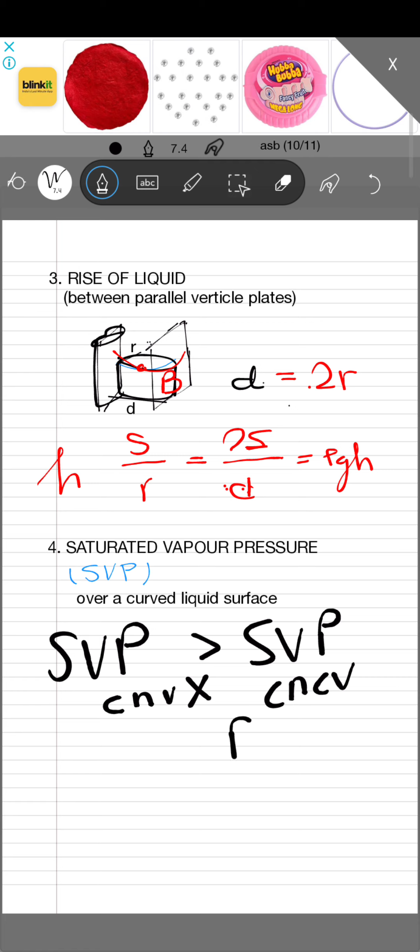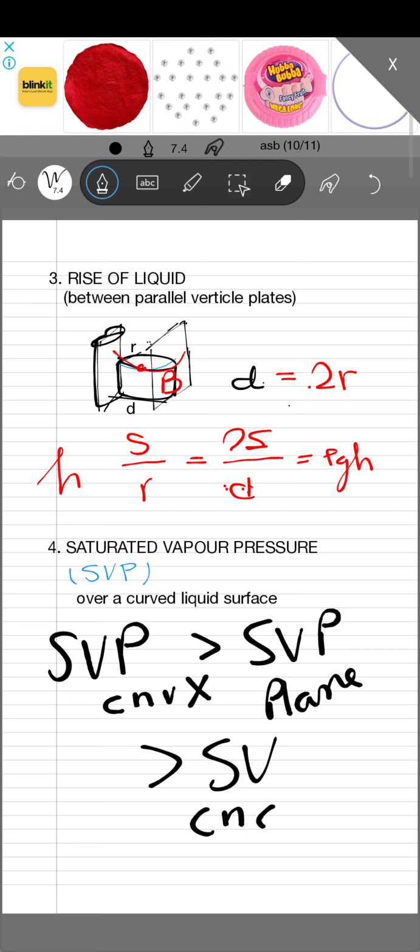When it is plane, it is in between them. So the convex has got the highest vapor pressure, and the concave one has got the lower pressure.